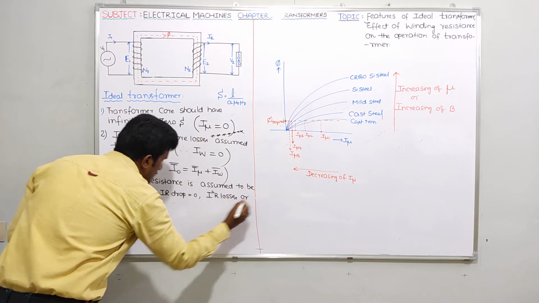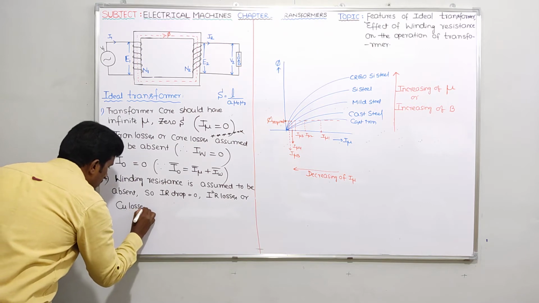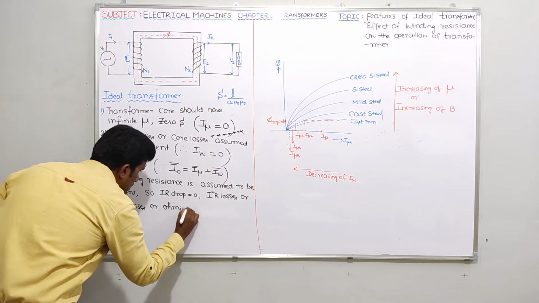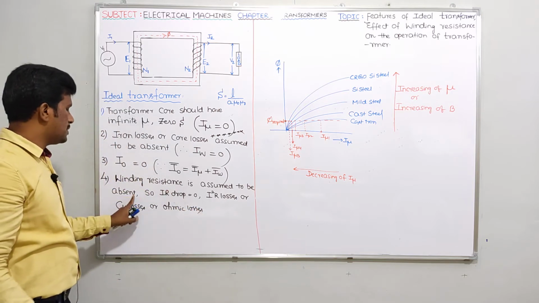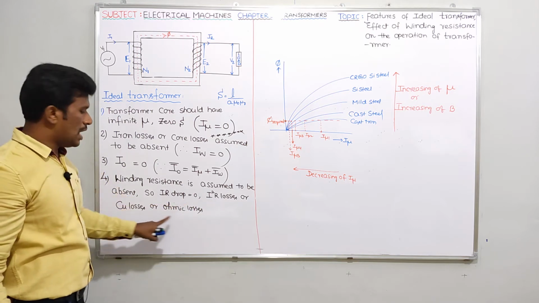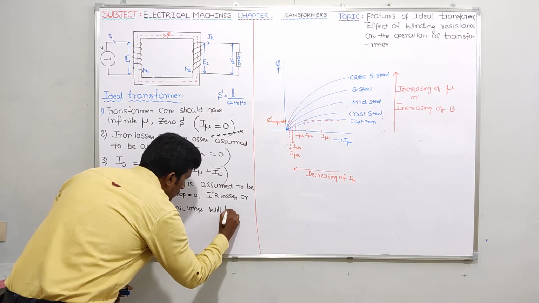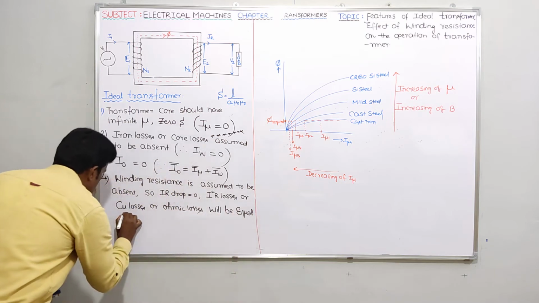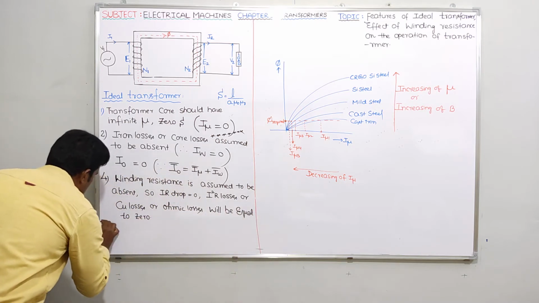I square R loss, or copper losses, what is the other name? Ohmic losses. So winding resistance is assumed to be absent, so IR drop equal to 0, and I square R losses or copper losses or ohmic losses will be equal to 0. Okay. Next guys, fifth point.